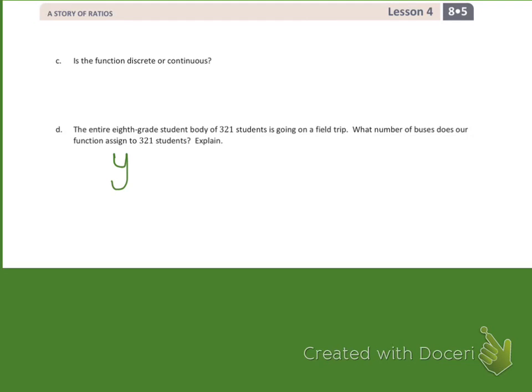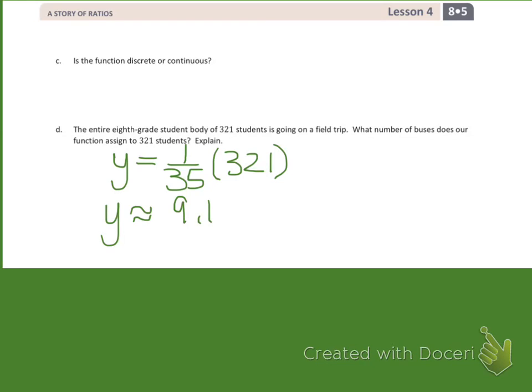Okay, so our function is y equals 1 over 35 times x, and in this case x is 321. And so y is approximately 321 divided by 35, and so I get 9.17 and some other digits there.